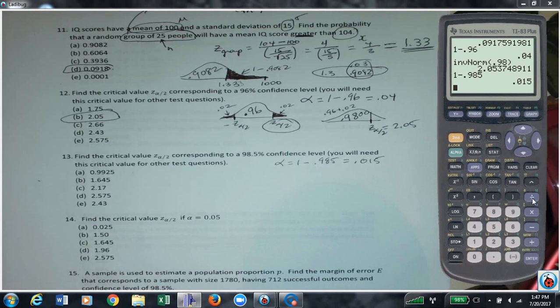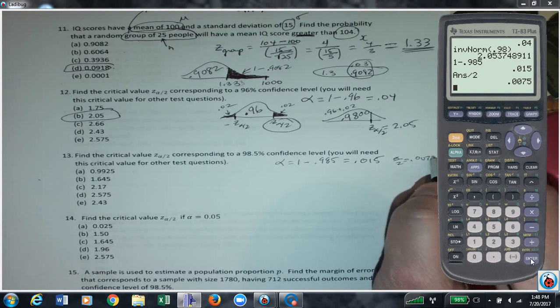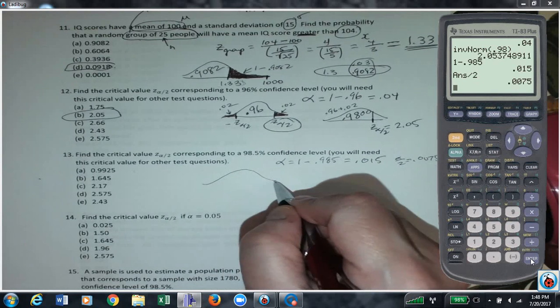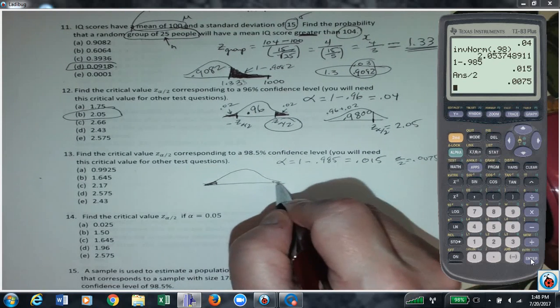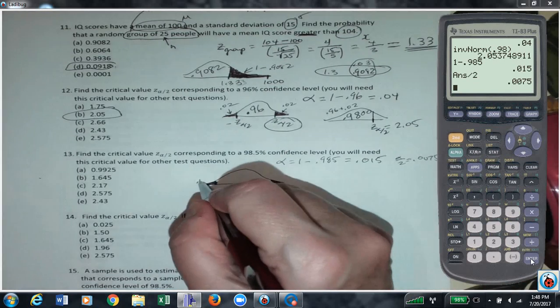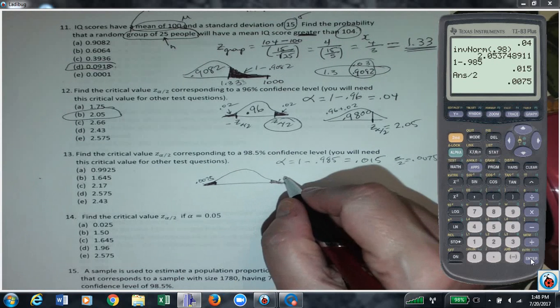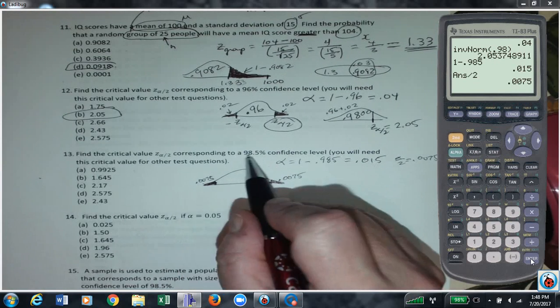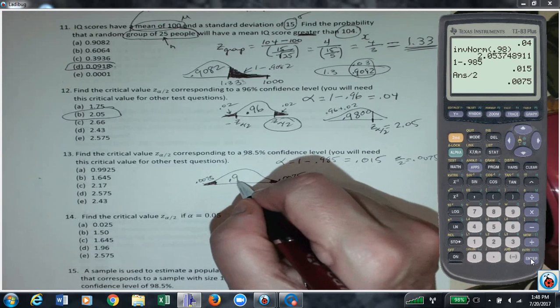So alpha over 2 is 0.0075. So what we've got is 2 tails. Each of them are alpha over 2 because the total shaded region of the tails is alpha. So I've got 0.0075, 0.0075, and the unshaded region is the decimal equivalent of 98.5.